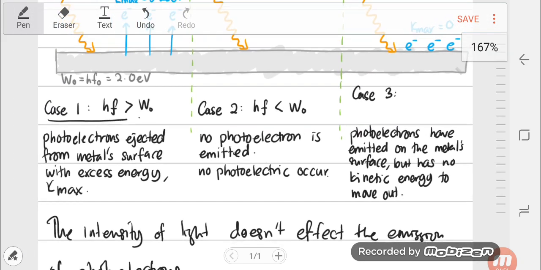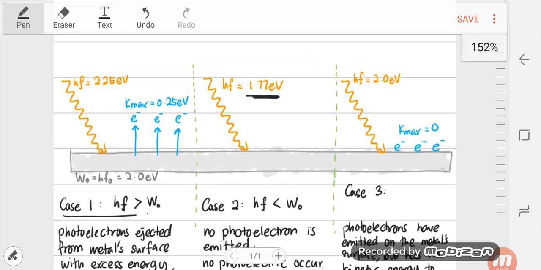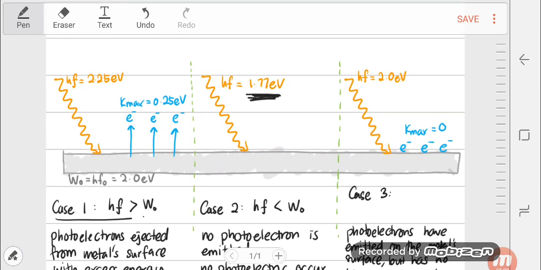It means that even if we have low frequency, or low energy like this, and we shine it like a very bright spotlight, it still will not give out electrons from the surface of the metal.